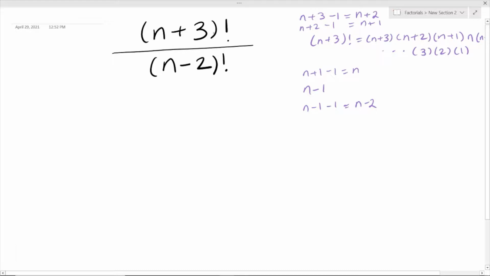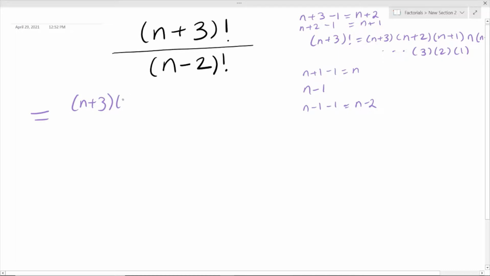Well, we can recognize that n plus 3 factorial will encompass n minus 2 at some point. Because this n minus 2 is also a factorial, we want to get rid of n minus 2 factorial. We can strategically recognize that it counts down from n plus 3, so n plus 3 is the starting one.